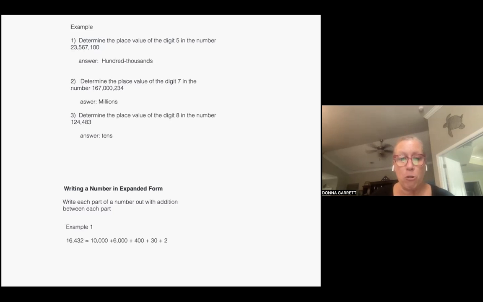And that's expanded form. So you take each number with its place value and you write out what that number means. That 1 was in the 10,000 place, 10,000. The 6 is in the 6,000 place, 6,000, and a plus in between. 4 is in the hundreds place, so 400. And 3 is in the tens place, 30, and then 2 is in the ones place, 2.